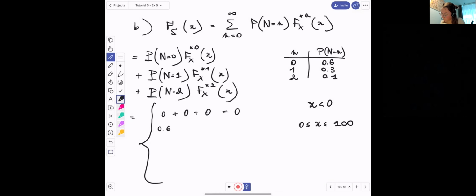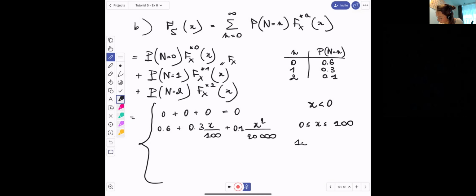Then for the second part, the CDF, we know that it takes a value x over 100 in that case, so we get 0.3 times x divided by 100. And then for the twofold convolution, we know that it is equal to x squared divided by 20,000 in this case, and we have to do it times 0.1 for the probability that N is equal to 2.